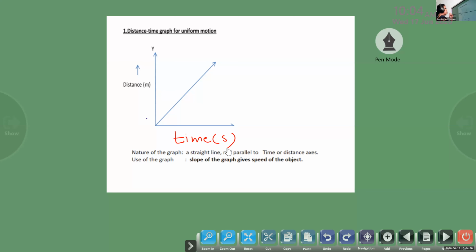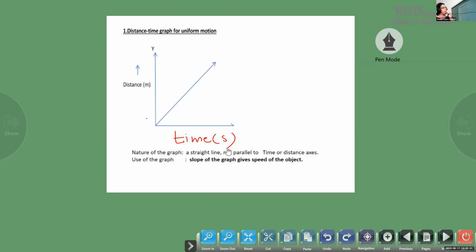Uniform motion, you already know. Raya, what do you mean by uniform motion? We have been learning it for nearly 2 months now. Unmute and give me the answer.